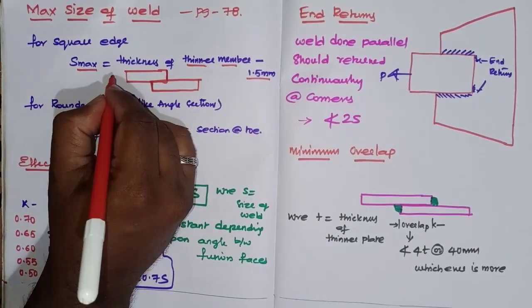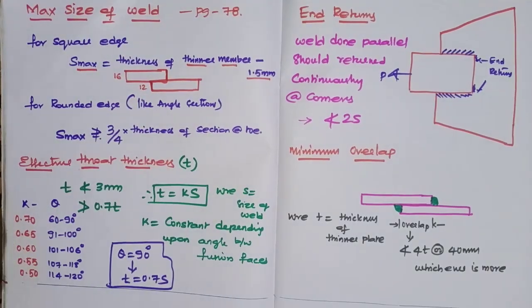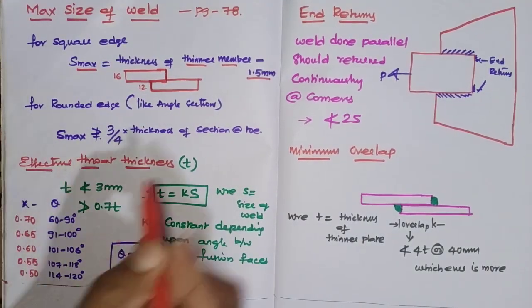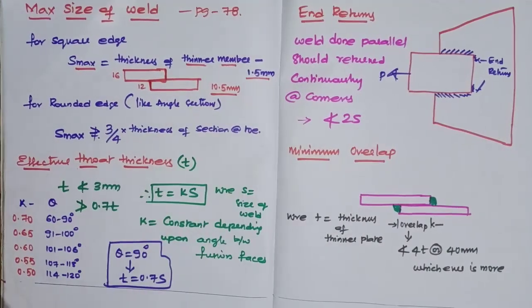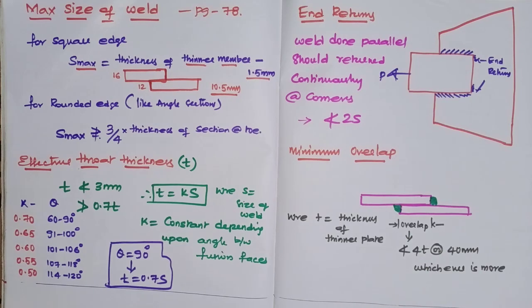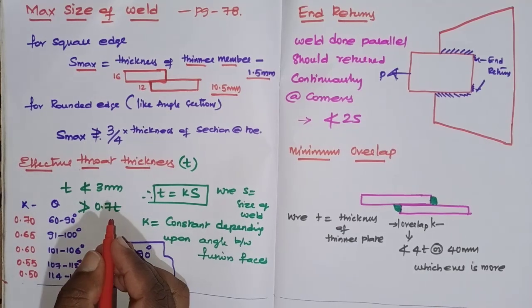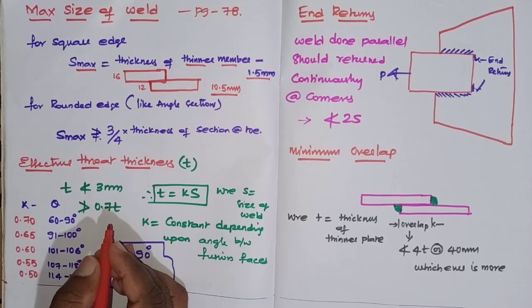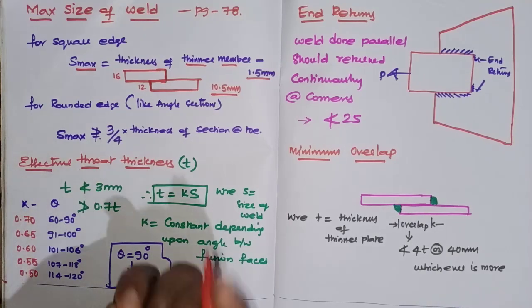For example, if it is 12 mm, the maximum is 10.5 mm. And what is the minimum? 5 mm. How? From Table number 21 of IS 800 2007, page number 77. Keep in mind those values: 3, 5, 6, 8, like that.